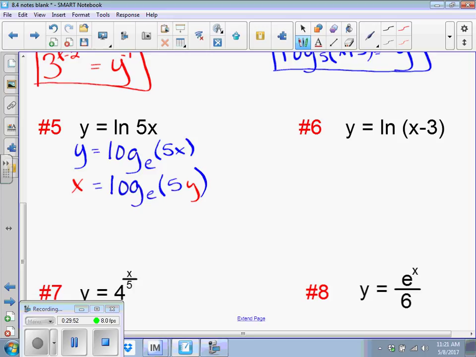Okay, what's my base? e. So I'm going to write the left and right side in exponential form, using e as my base. So, e to the x equals e to the log base e of 5y. What happens? e to the log base e cancels, right?